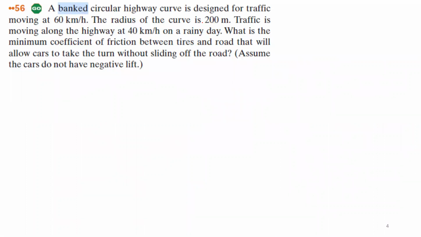Now let's look at the most general case. So the most general case actually is a banked, curved road with friction now. Okay. Basically theta is different from 0 and mu s is different from 0.